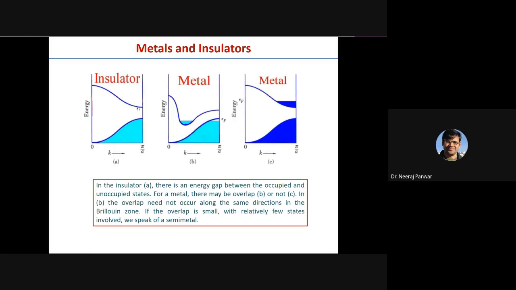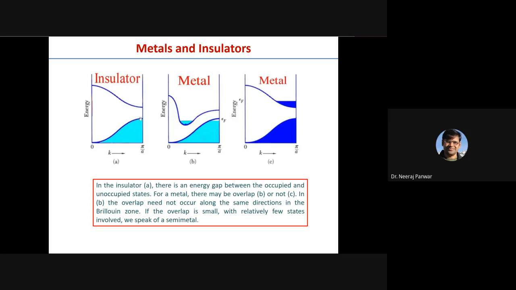We are considering the situation at T equal to 0 Kelvin. If the value of this forbidden gap is very large, the electron cannot go from this state to this state when the temperature is increased, because the band gap is very high.